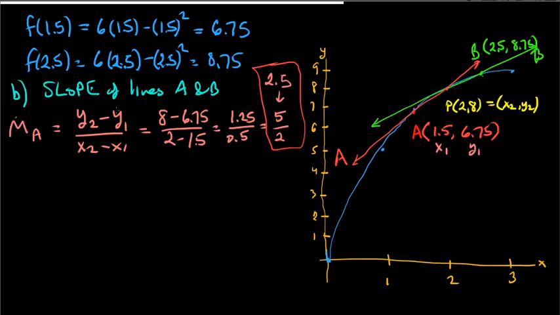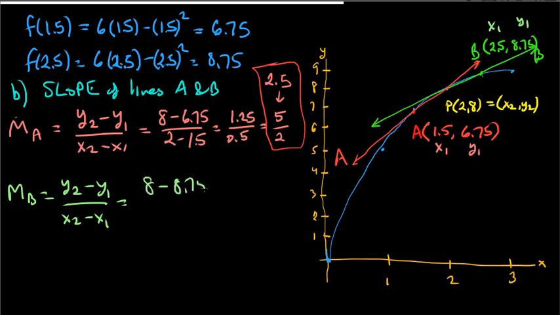Okay. And then for line B, so that's the green line. So slope for line B, again, same formula, y2 minus y1 over x2 minus x1. So y2 and x2 is 8 and 2 respectively, so this will be x1 and y1. So y2 is 8 minus 8.75, and then x2 minus x1 is going to be, let's see, 2 minus 2.5.